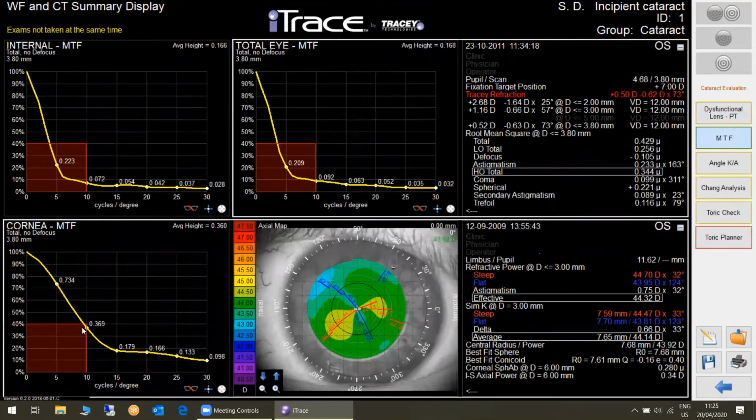So, what does a multifocal do? A multifocal divides the light in different parts. We have the far vision, intermediate, near for the trifocals. We have for the EDOFs, some more spread. But let's talk about the trifocals. They go from 100% of energy to a small spot, divided in 3 parts.